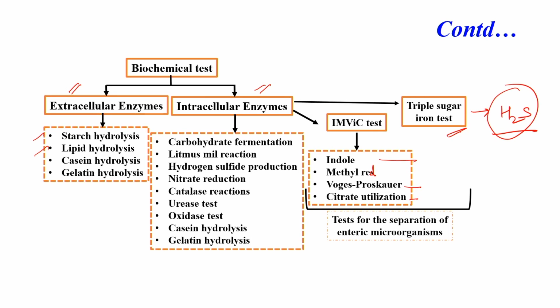So, you can have the biochemical test based on the extracellular or intracellular enzymes. Other option is you can just see this, they are based on their particular metabolic pathway, intermediates or end product.